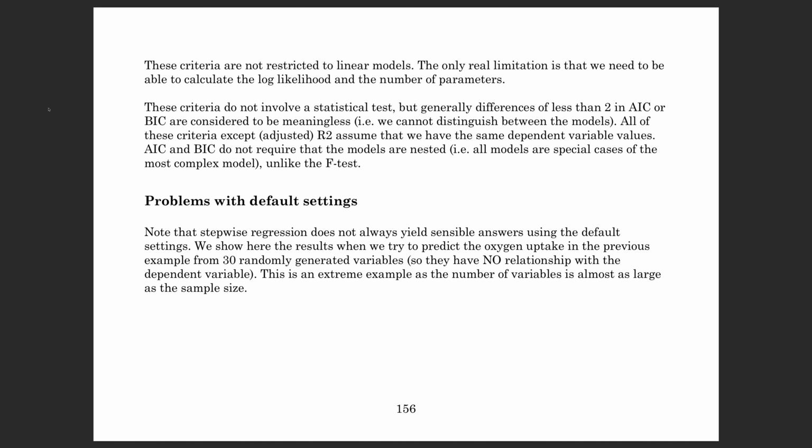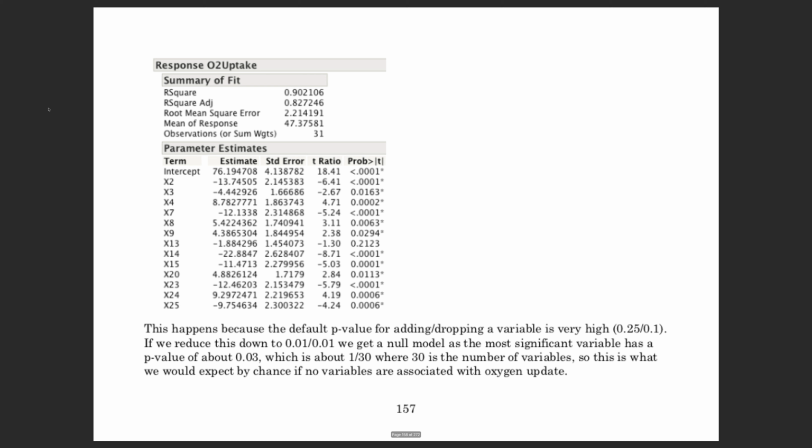Clearly, when p is large compared to n, things can go particularly badly wrong. This is showing you what happens if you use the default settings for stepwise regression in JMP. You'll notice it says I've managed to achieve an adjusted R-squared of over 82%.